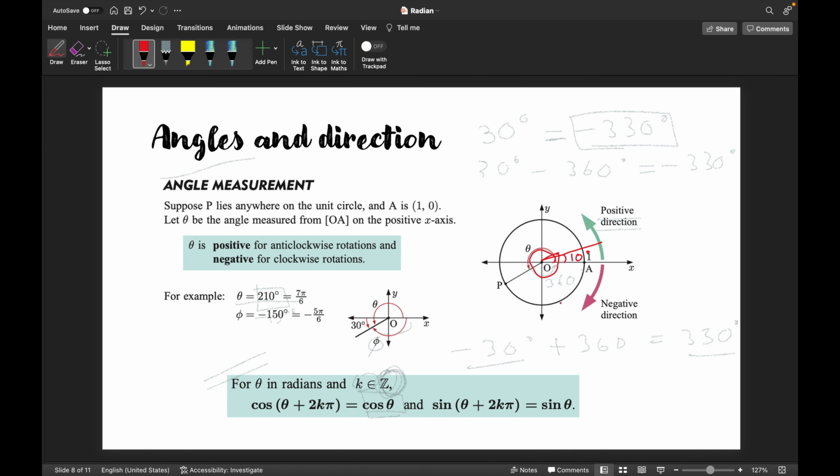But you have gone around 360 plus 10 degrees, which is 370, but it is also 10 degrees. Now, is that clear? I hope it makes sense. So this will basically be a multiple of either 2 pi or 360 degrees.